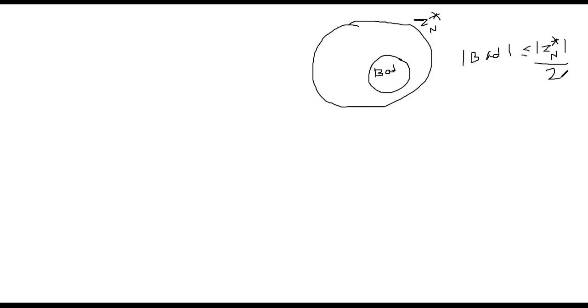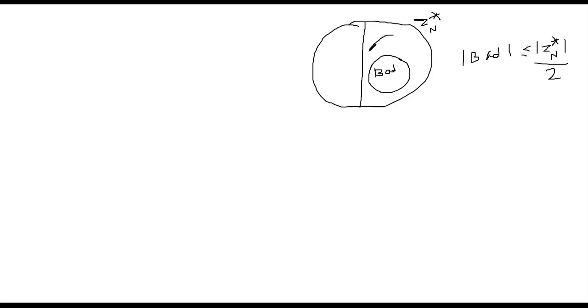To prove this, we will proceed in multiple steps. We will construct another set called bad prime. Let me show you like this. Assume this is half of Zn star. I'm going to show you that bad is contained in another set called bad prime.